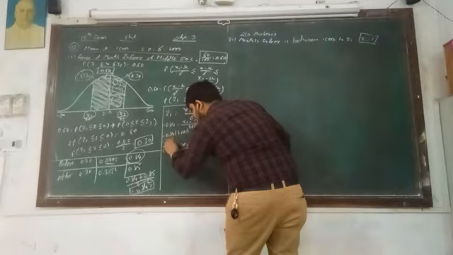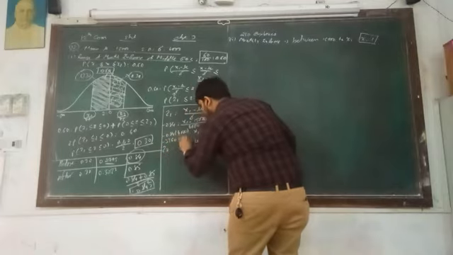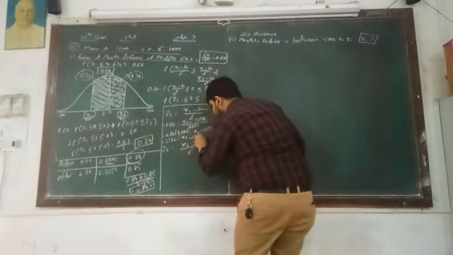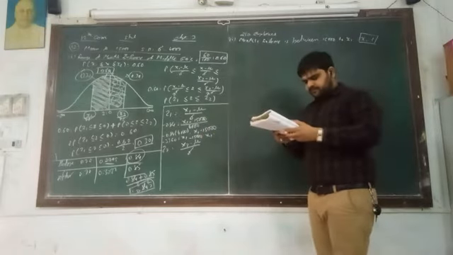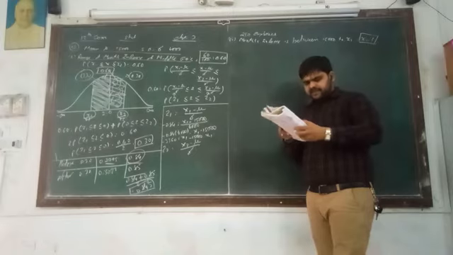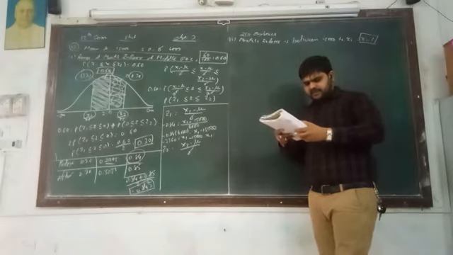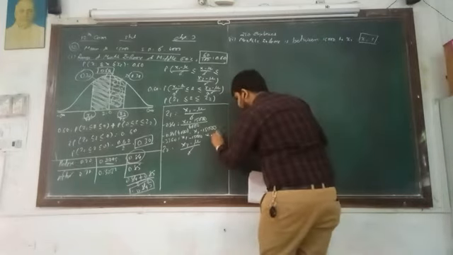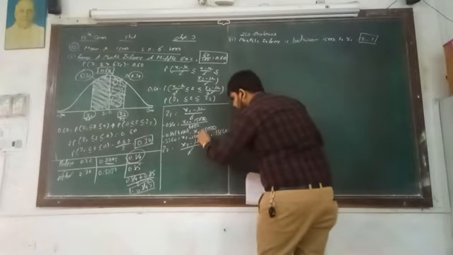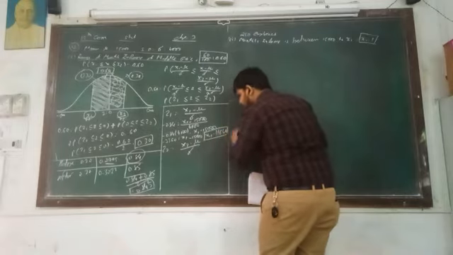So minus 3360 is equal to x1 minus 15,000. So the value of x1 is 11,640.